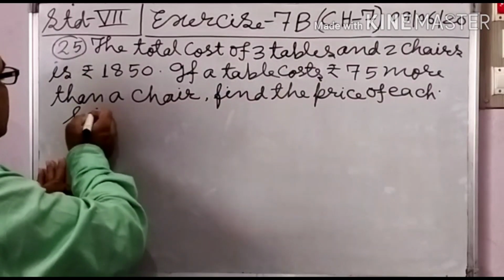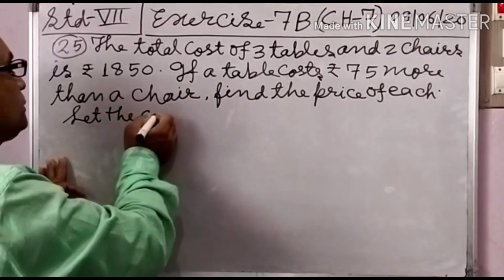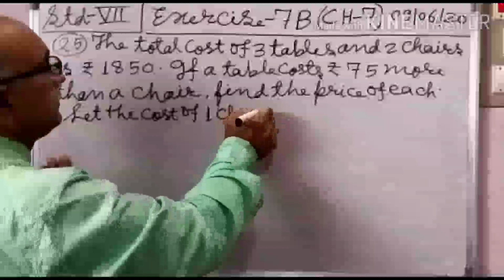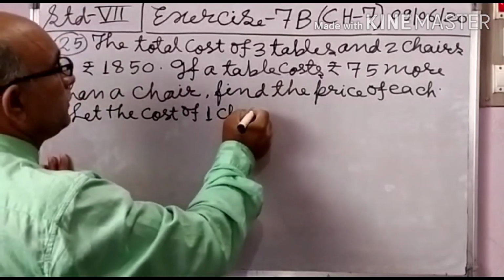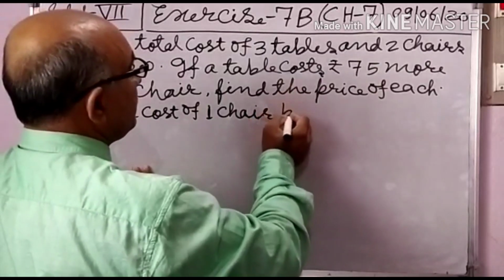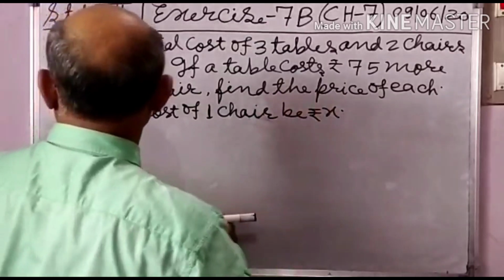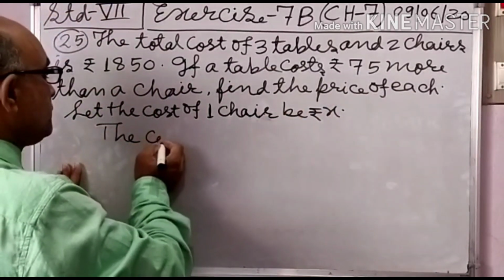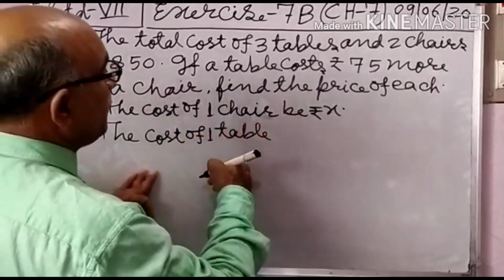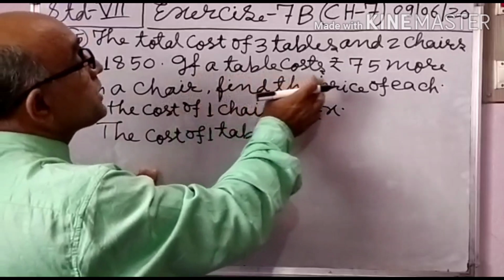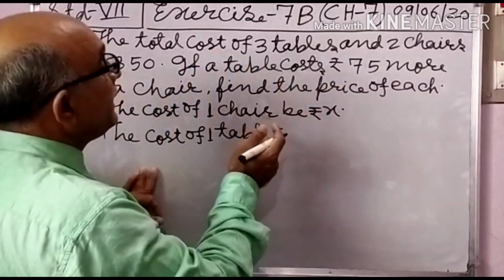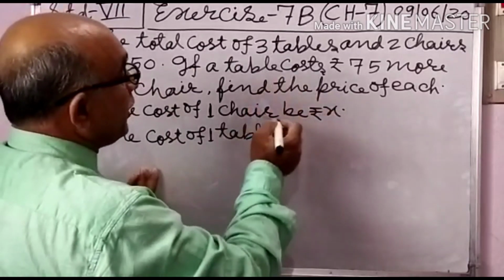So, let the cost of one chair be rupees X. The cost of one table: if a table costs 75 more than a chair, and the cost of one chair is rupees X, then the cost of one table is 75 more than the cost of a chair.